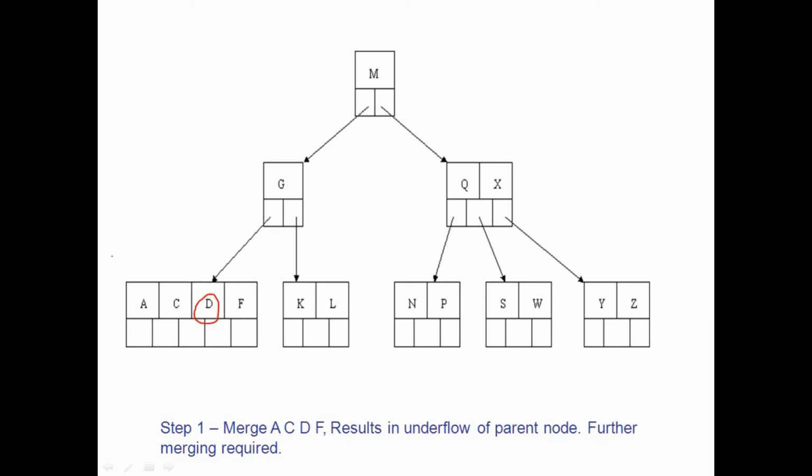Now further merging is required, because now this G will go into the underflow condition. According to the rule, it must contain a minimum of 2 elements.